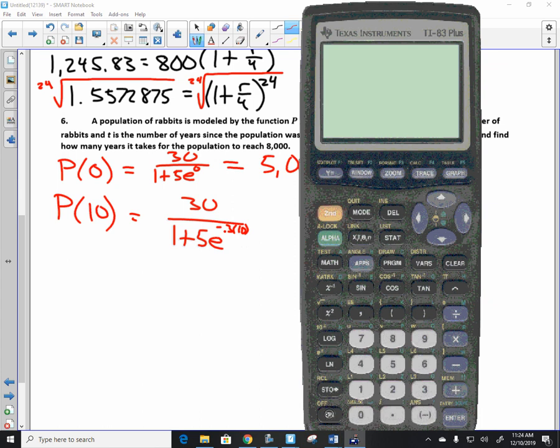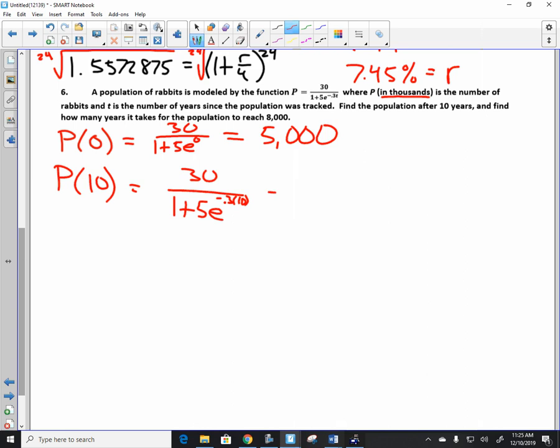Turn calculator on. 30 divided by, parentheses, 1 plus 5 e to the, another set of parentheses pops up, which is nice. Negative 0.3 times 10. That's about 24 rabbits. 24,020.